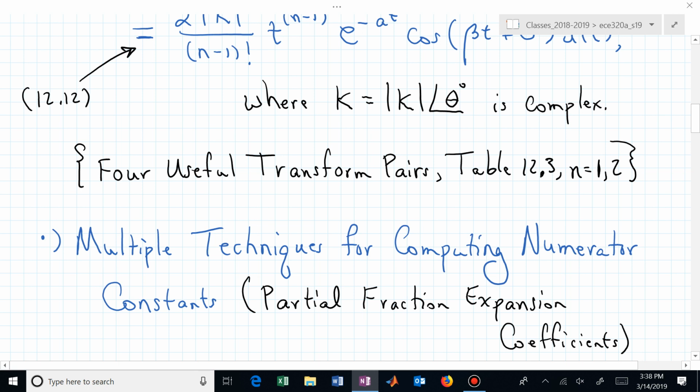When we have repeated roots, something just happened, and we no longer can use the cover-up method to find all of these coefficients in our numerators. We can find the coefficient on top of the highest power of the repeated pole, but the others, we need some other way of doing it, and that's why we're talking about these multiple techniques. And you pick your favorite one.